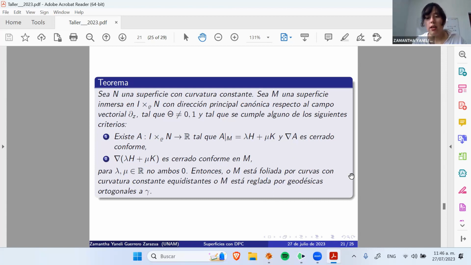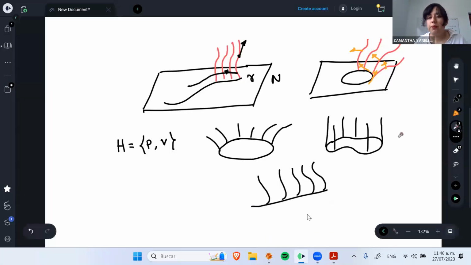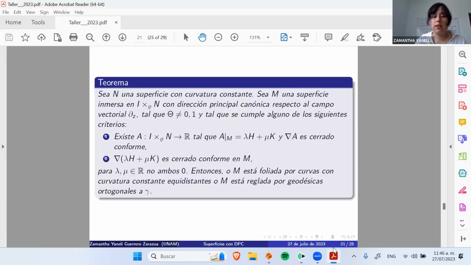It's completely analogous to what they found in R3 because it's, again, foliated by curves with constant curvature, which is similar to the other result, or it's ruled by geodesics, which is similar to this result. So yes, it's completely consistent, and it seems to all work as it should.